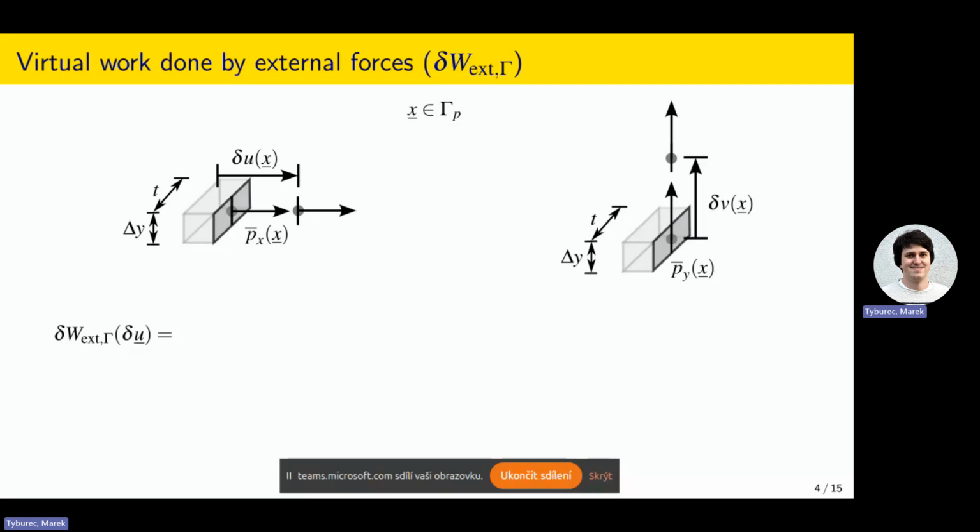It should be an integral over gamma p, which we also define with components.